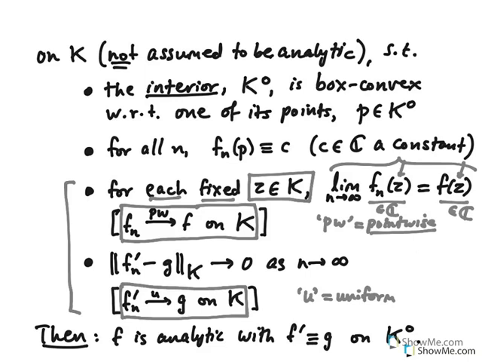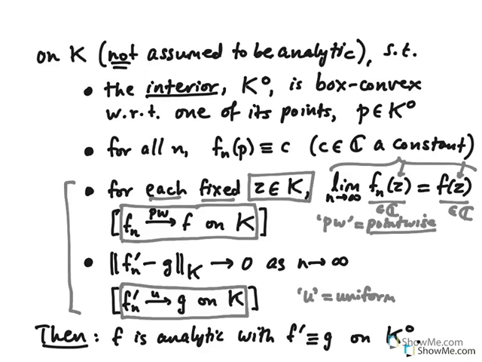The rates at which these convergences are happening are unrelated from one point to the other within that set K. So it's pointwise because at each separate point you have a convergence, but there's no relationship between the rates of convergence at different points.